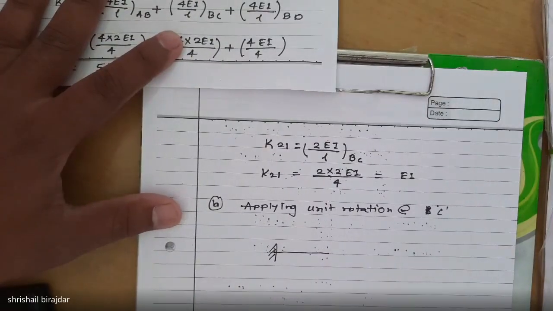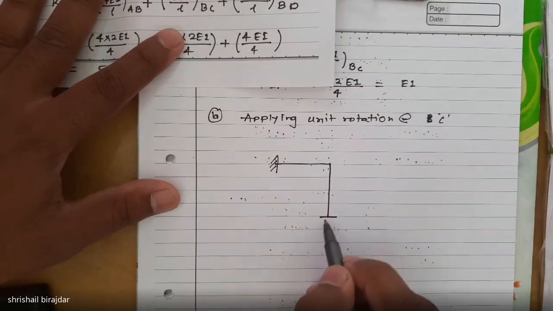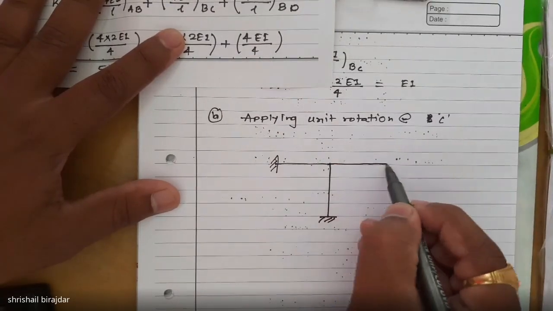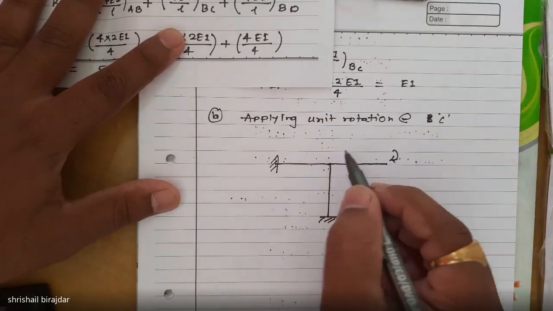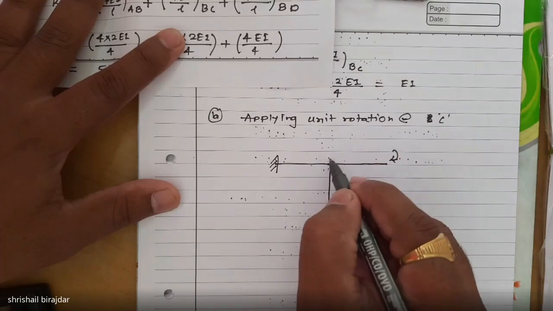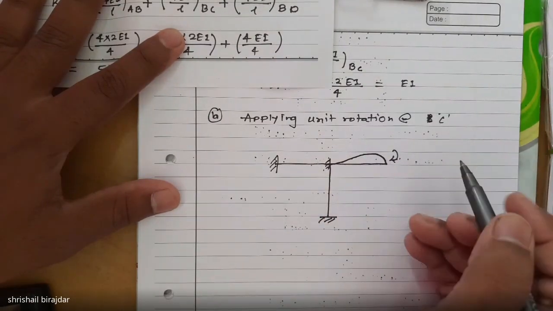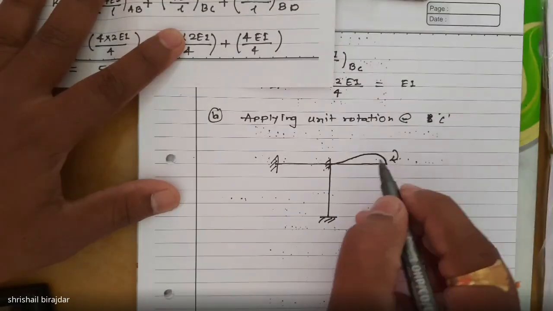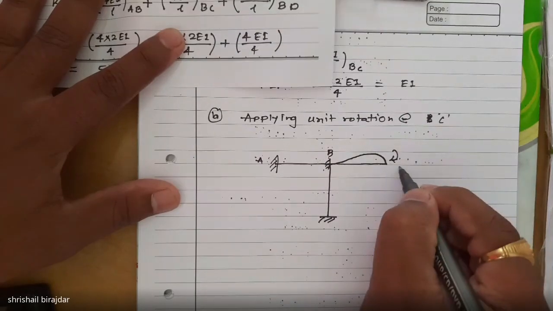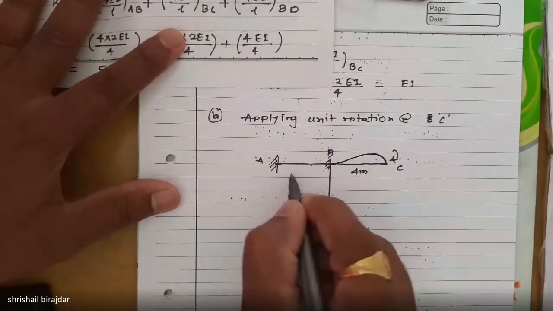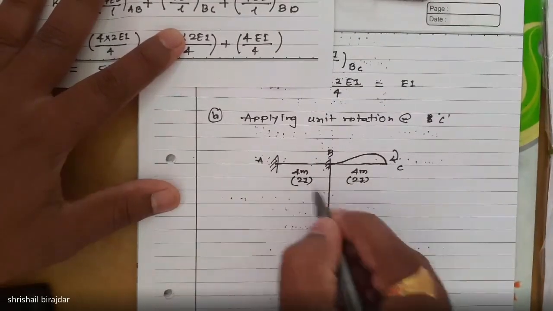For that sake, I'm again drawing this particular frame and applying unit rotation here. After applying unit rotation, keep all the other joints fixed. Here is the deflected profile. A, B, C, D. Here 4 meter, 2I. Here it is I.